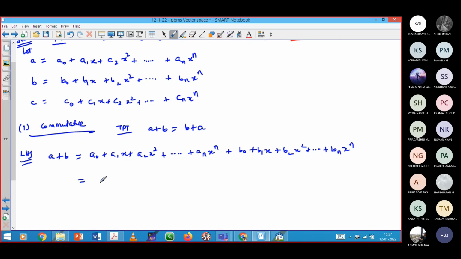From which I can choose (a0 plus b0), next (a1 plus b1) into x, (a2 plus b2) into x squared, and the last one is (an plus bn) into x to the power n.